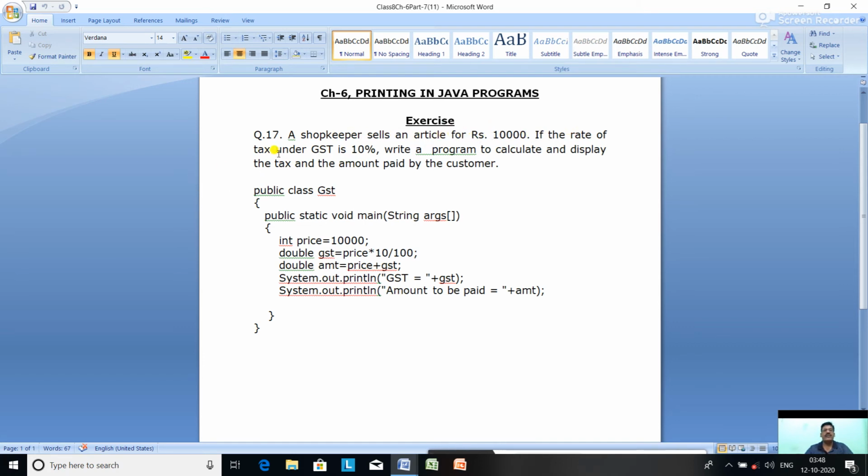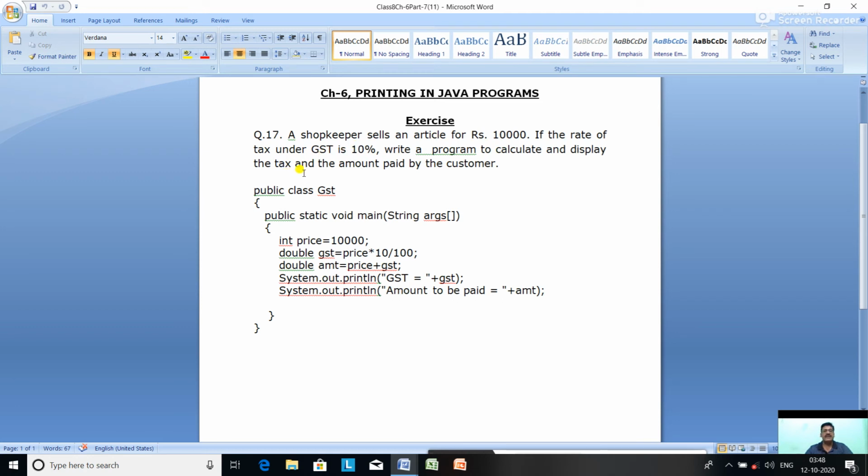If the rate of tax under GST, you know what is GST, is 10% of the price, then write a program to calculate and display the GST tax and the amount paid by the customer. So the price of the article is 10,000, GST tax is 10%, and what will be the amount to be paid? The amount to be paid will be the price of the article plus 10% GST.